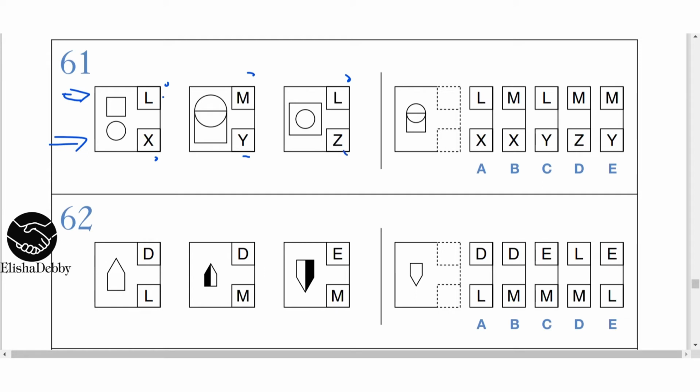You ask yourself, what is common between this L here and this L here that makes this shape to be coded as L and this shape to be coded as L on this side?